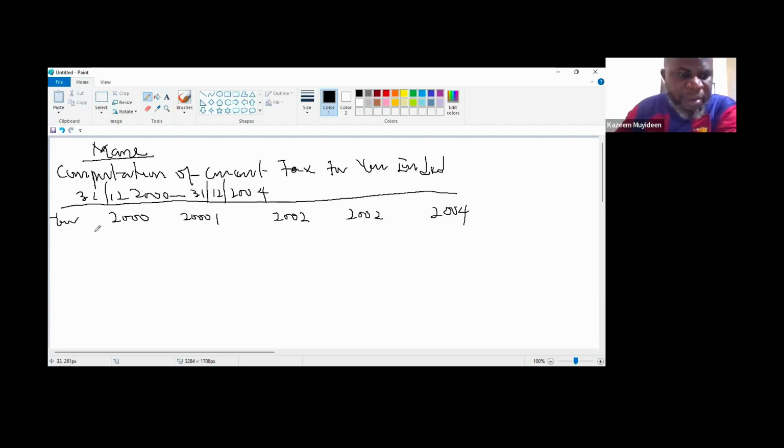Then he has given me accounting profits. How much is the accounting profit? It is profit before depreciation. He has not removed depreciation out of it.